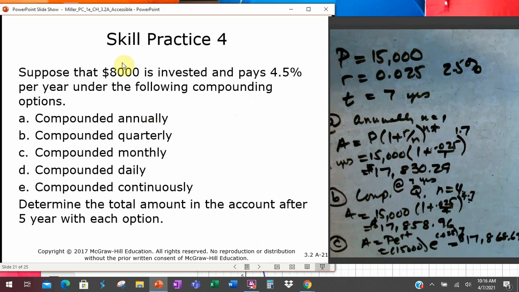Now we're starting with 8,000 at 4.5%, so the r is 0.045 per year. This is after 5 years for each option. Annually, N is equal to 1, quarterly N is equal to 4, monthly N is equal to 12, daily 365, and then Pert for the continuous, and that's how you would build that out.